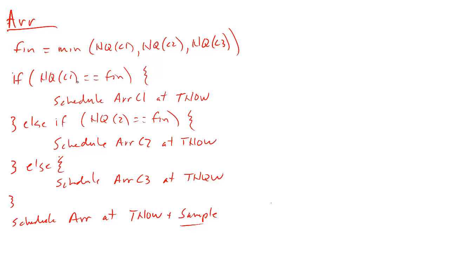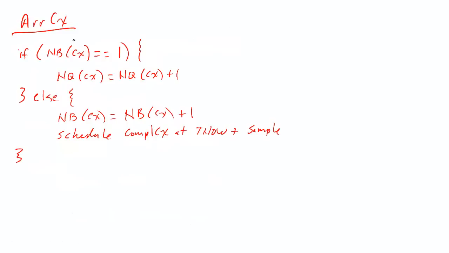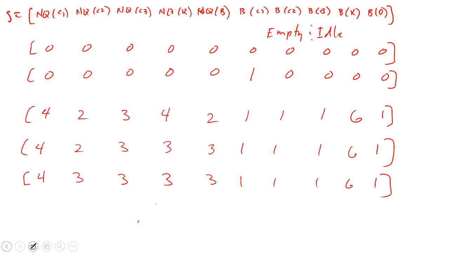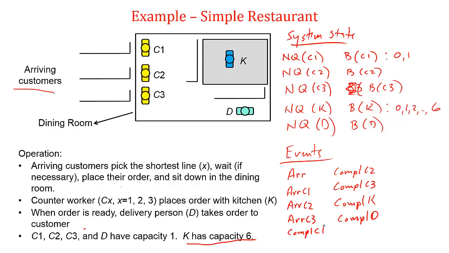So for example, if Q1 was the shortest, instead of scheduling the event to occur at T now, I know exactly what's going to happen. When I schedule that event to occur at the current time, this logic will get executed. So I could just as easily have taken all of this logic and put it right here inside this if statement, and I would not need to have these individual arrival events.